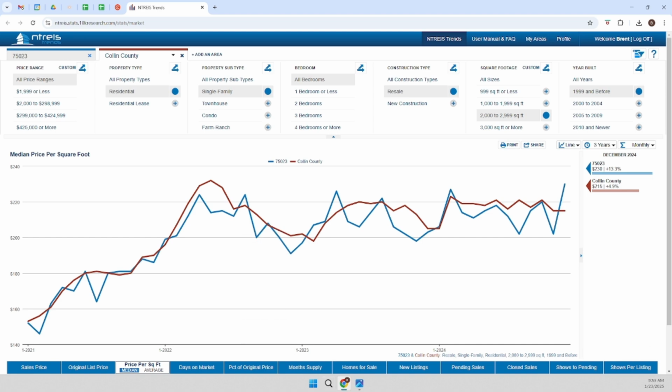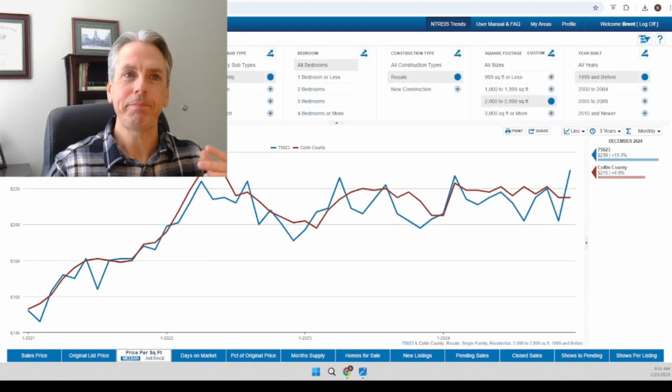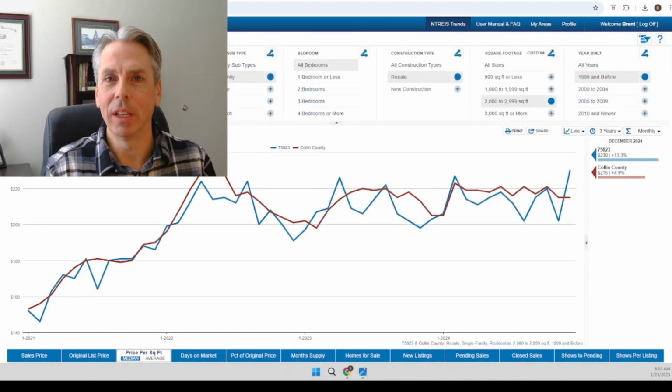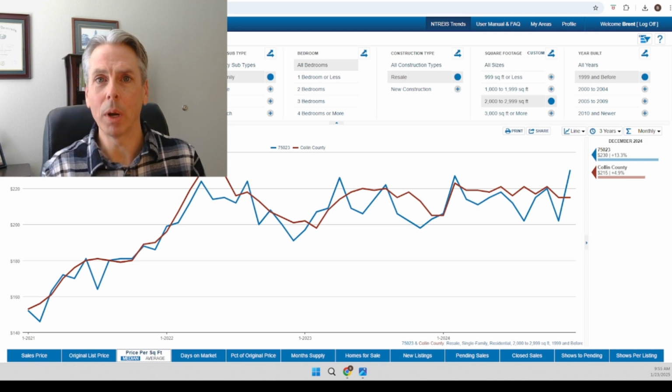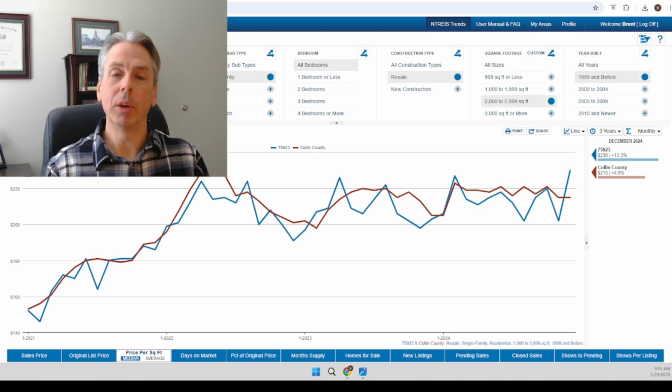I've talked to some appraisers all over the country, from different classes that I teach, and I've seen the same chart in a lot of different appraisers' work, and that's because that was a macroeconomic change.